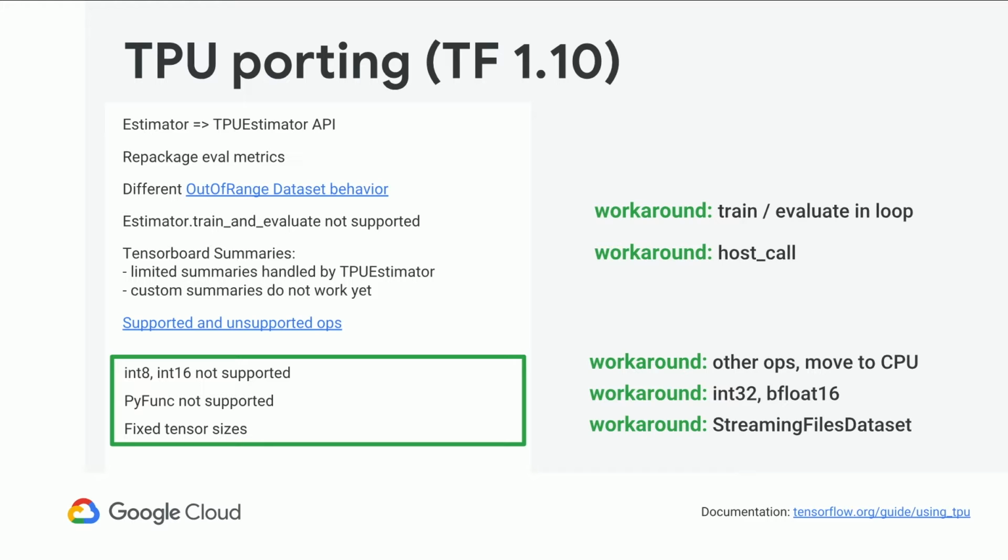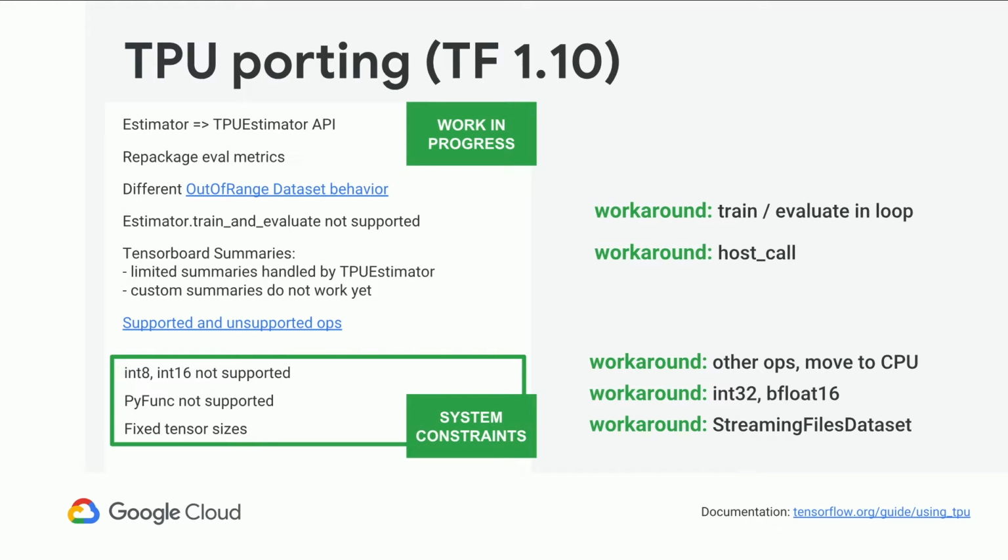Here is a little list of the different code changes that I had to do when I ported my model. The first series here, as I said, it's work in progress. We are working to make this better. There are code changes, however, which are there because of system constraints. And I want to touch a little bit on those as well.